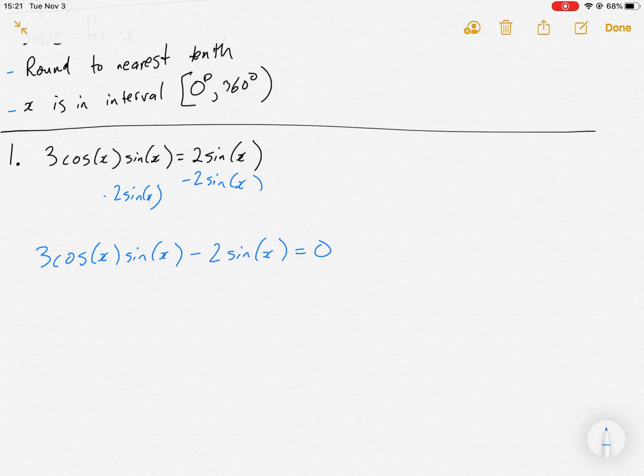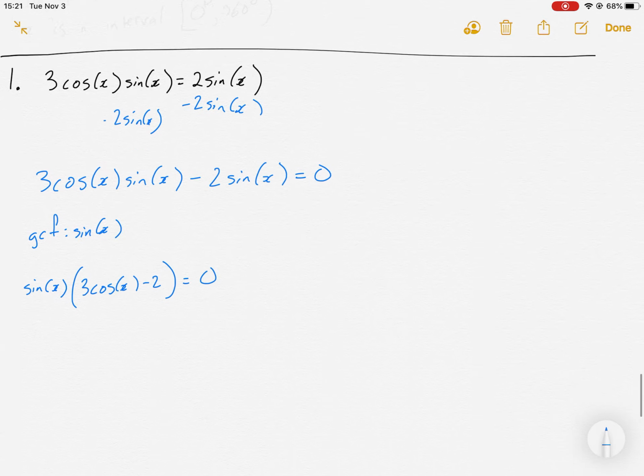So now I'm going to use a factoring technique, which is just finding the GCF in order to solve this. So we'll factor out the GCF, which is sine of x, and so I end up with sine of x times 3 cosine of x minus 2 equals 0.